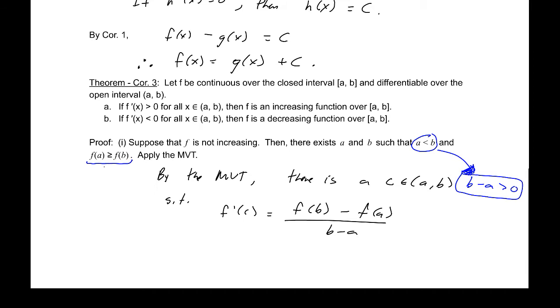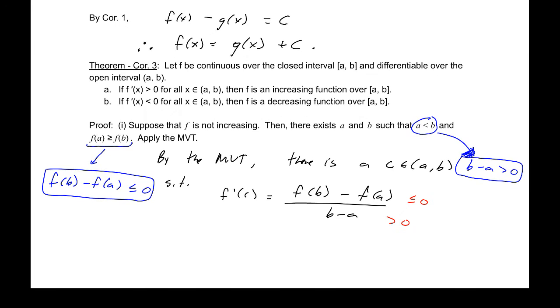This assumption here means that f of b minus f of a is less than or equal to 0. If the numerator here is less than or equal to 0 and the denominator is greater than 0, then that means f prime of c is less than or equal to 0.